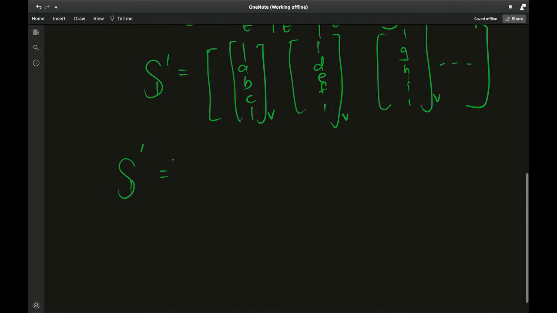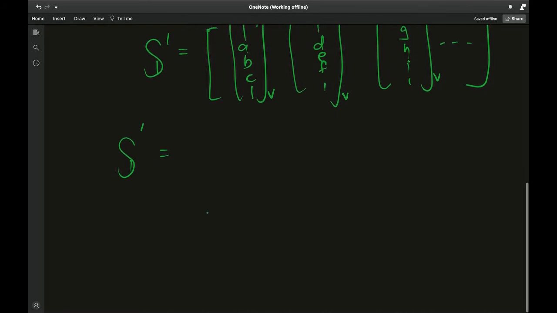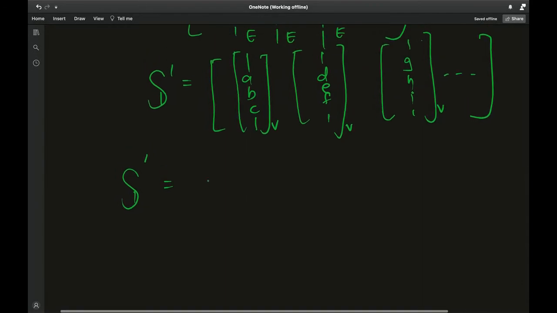Well, what do you do? You multiply both sides by a change of basis from V to E, the original change of basis matrix T from the previous page.